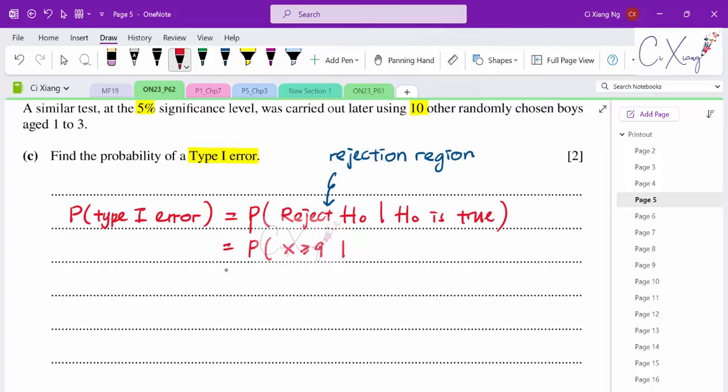Okay, then given that the null hypothesis is true, it means that p is equal to 0.5. Of course, if you want, you can use your result directly from the first part to do the calculation.